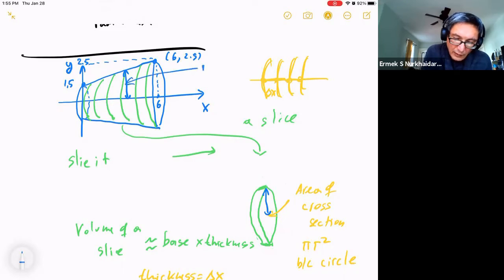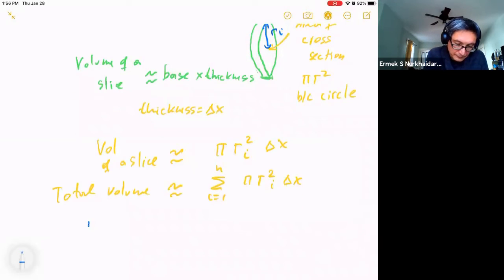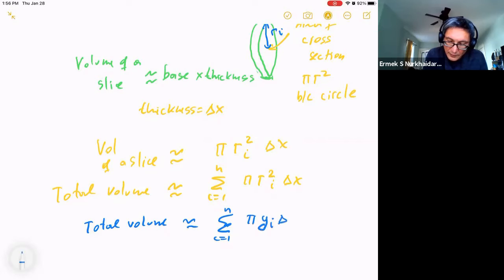So r_i equals y_i, because that is the radius. So we can rewrite our formula one more time: total volume approximately equal to the sum, i from 1 to n, of pi y_i squared delta x.